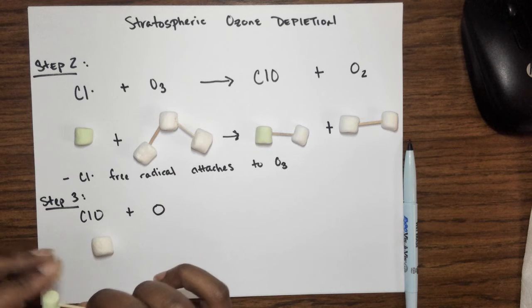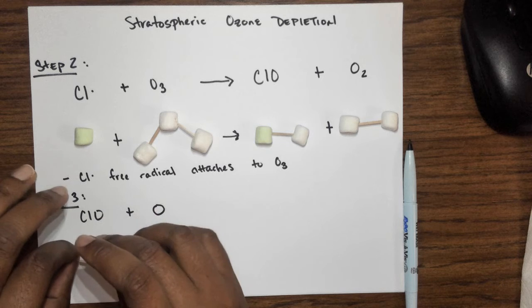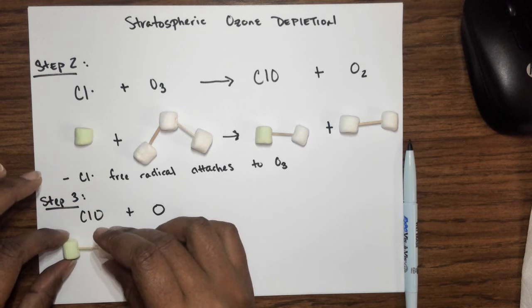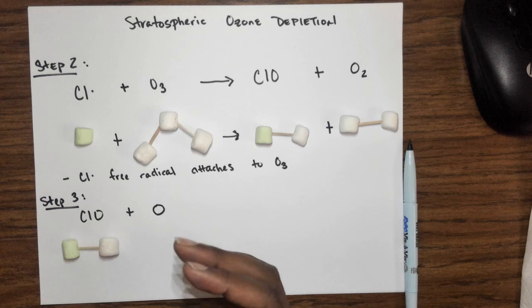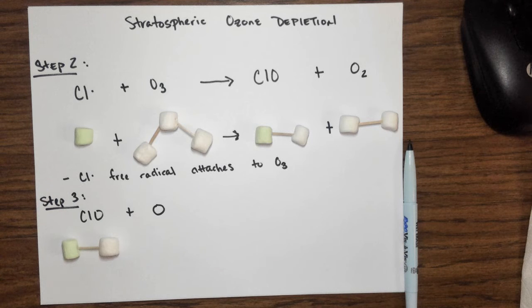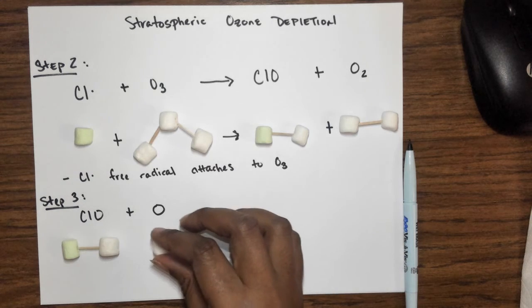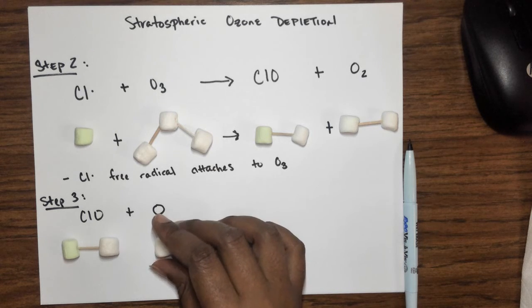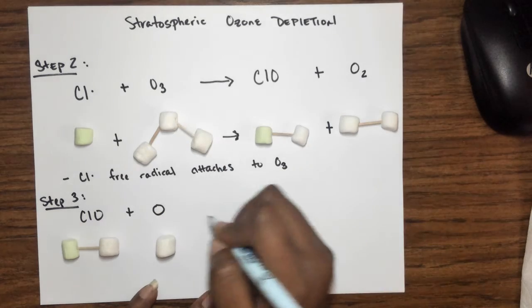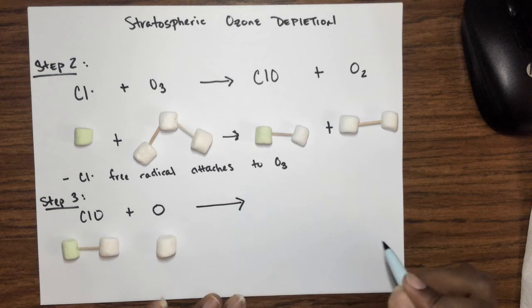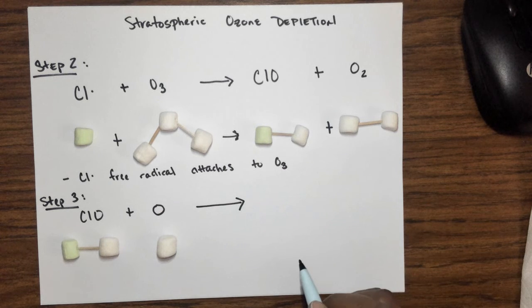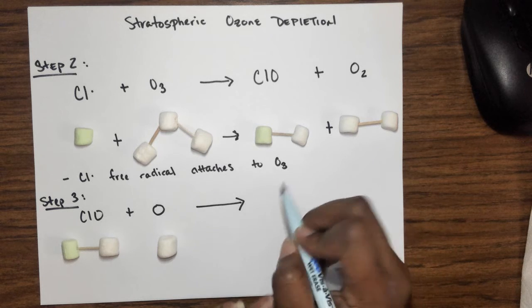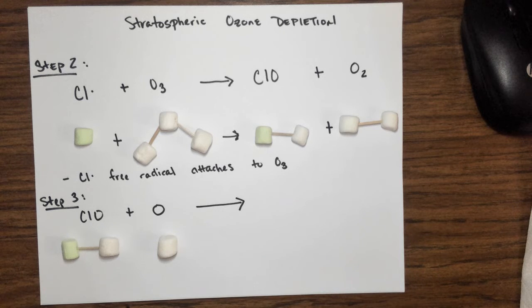All right, so let me go ahead and make another chlorine monoxide. Okay, and then all I need is one free oxygen, right? What do you think is going to happen now? What do you think? So there's going to be 2 oxygen. Good. So I'm going to combine these 2 oxygens.